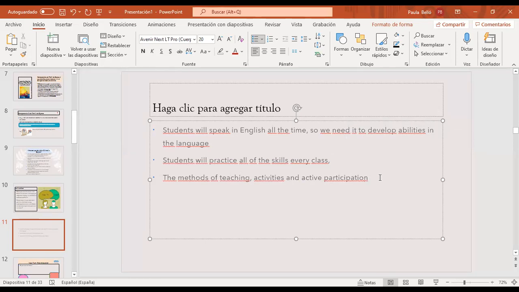We shouldn't leave anything aside. Yes, the methods of teaching activities and active participation are fundamental for your future as teachers, for the education of future teachers.